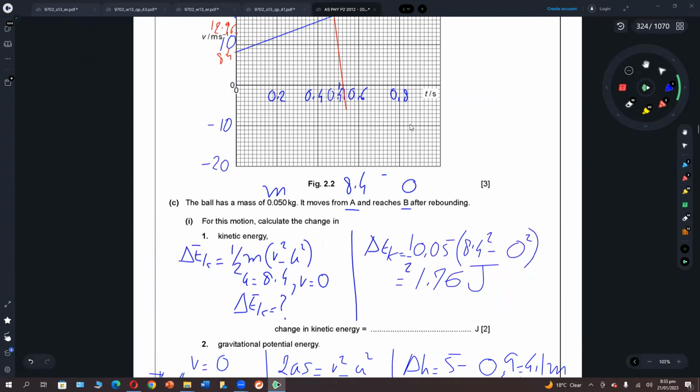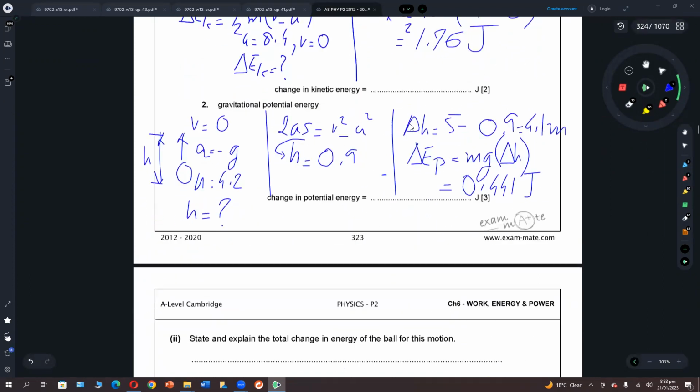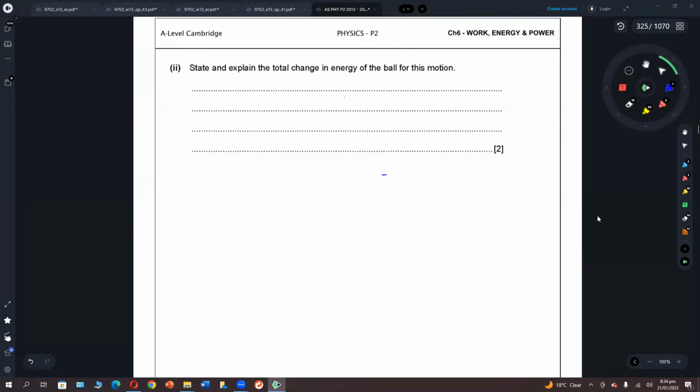Mass is given to be 0.05. बहुत छोटा नंबर आ रहा है. एनीवेज, इसको चेक कर लीजिएगा जरूर.